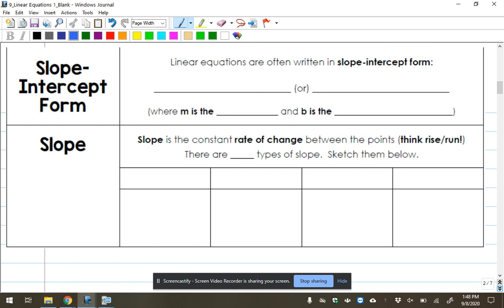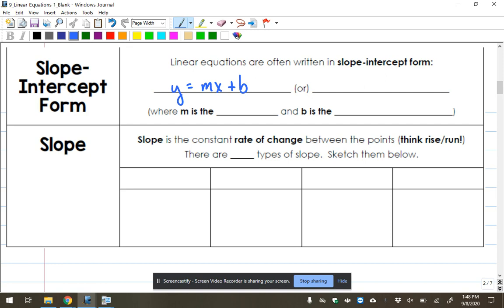So slope-intercept form. This is the one where it's in our wheelhouse. We've been doing this one for a long time. 7th and 8th grade math does a lot of stuff with slope-intercept form, graph a lot of lines and things. So linear equations in slope-intercept form, usually written y equals mx plus b.